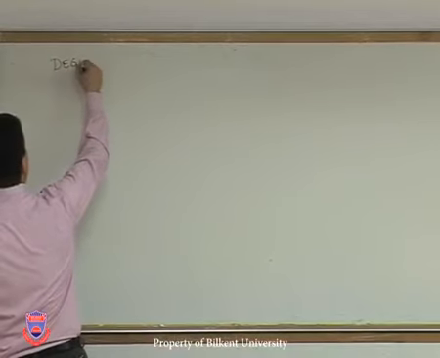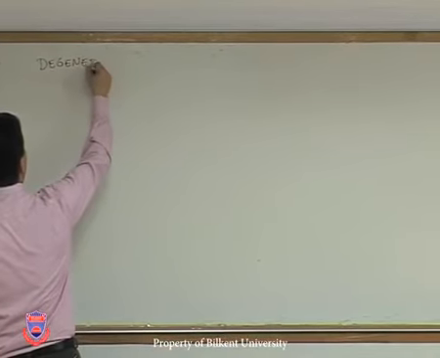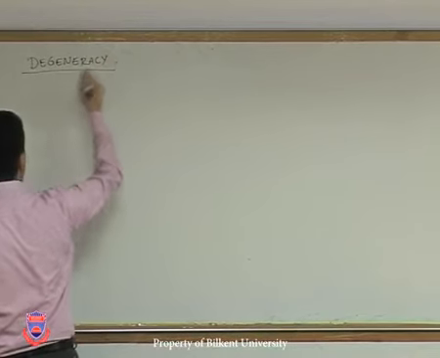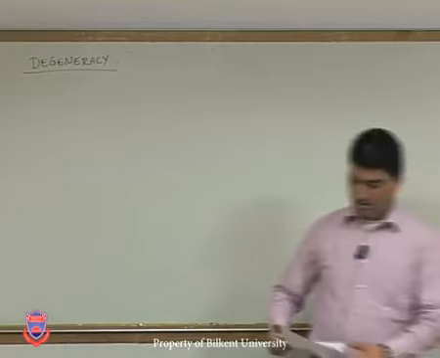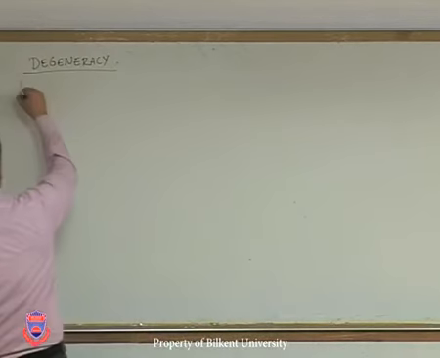Now, there's one other issue that we need to talk about before we start the algorithm, and it's called degeneracy. I'm going to try to explain what I mean by this on an example.